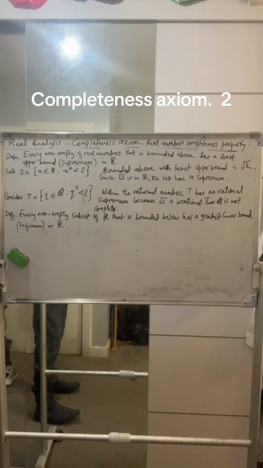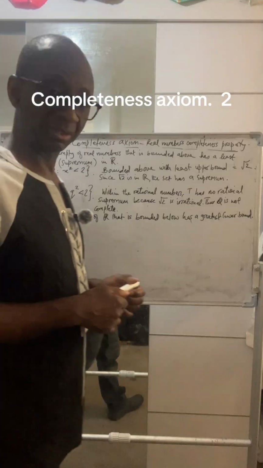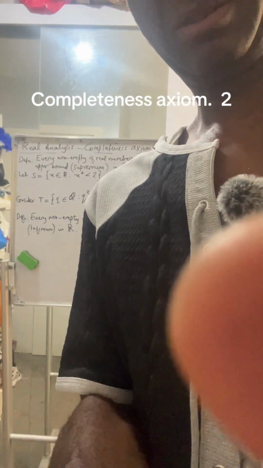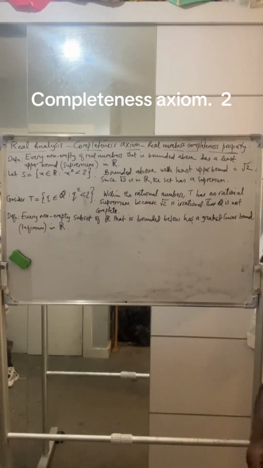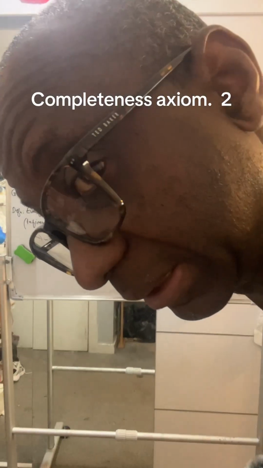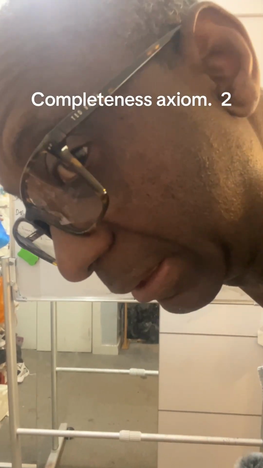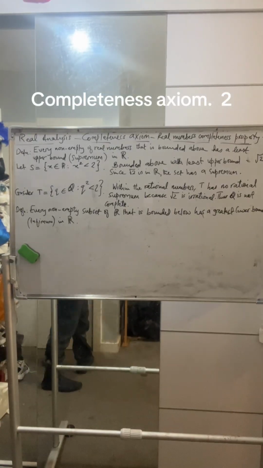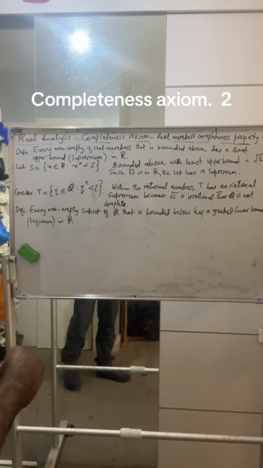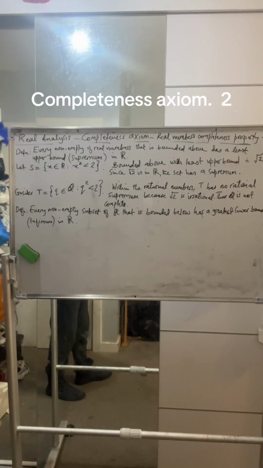There are some numbers like the irrational numbers. They have gaps in them, so they are not that very useful.